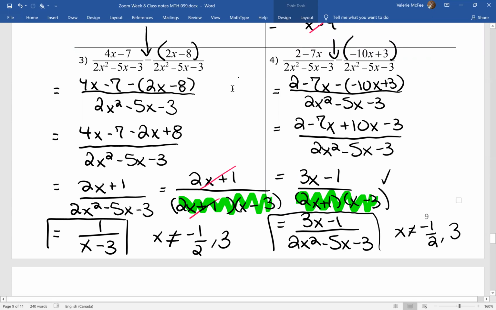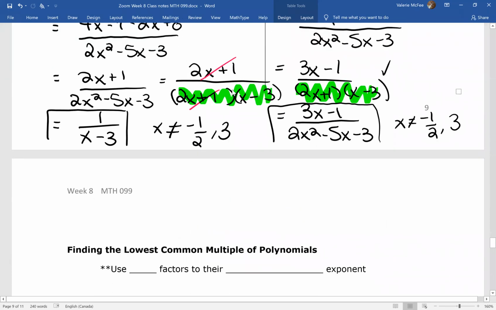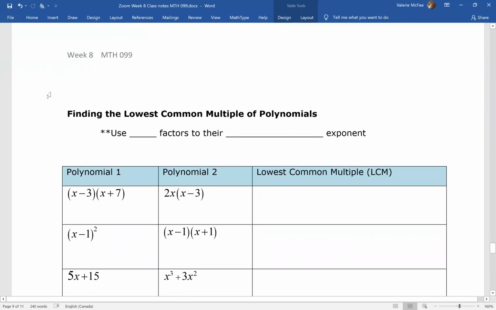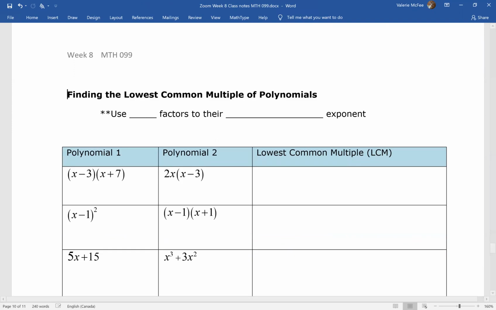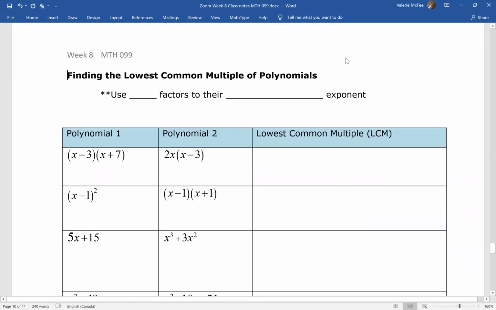It's the same restrictions from question 3 because the denominator is the same. But like I said, those were the easy questions. Before we move on to more difficult questions, let's talk about finding the lowest common multiple of polynomials.